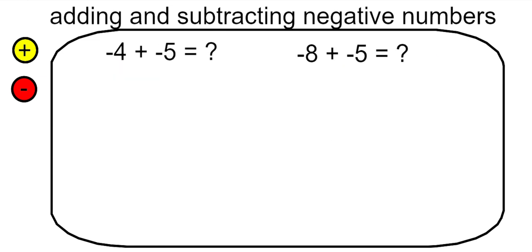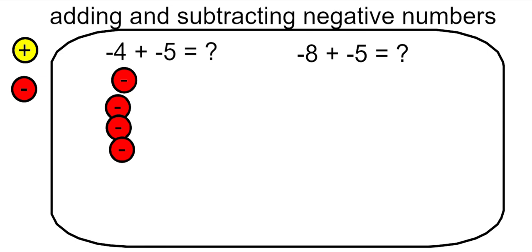So we've got a couple more to work with whenever we're talking about addition. We have a negative 4 plus a negative 5. This one's a little different because both numbers are negative. So let's see how this works out. We're going to start with 4 negatives because that's what our problem tells us. Then I am going to add 5 negatives.